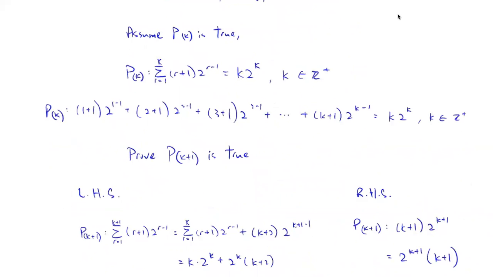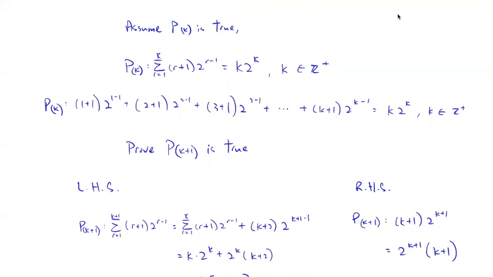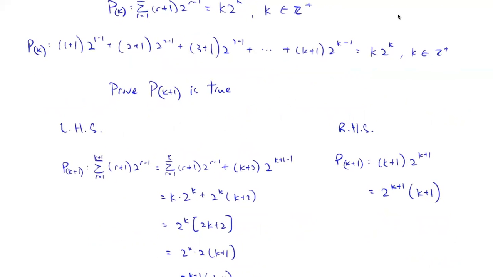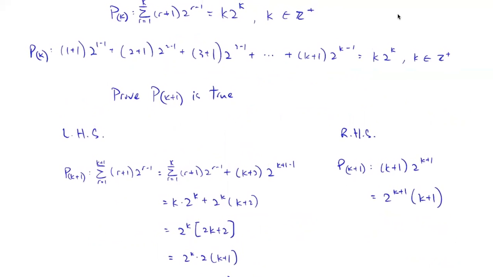And here comes the most difficult part. Prove Pk plus 1 is true. One very common technique we have to use here is substitution of what we have assumed into Pk plus 1 to get the answer. So I will advise you to do the easier part first.